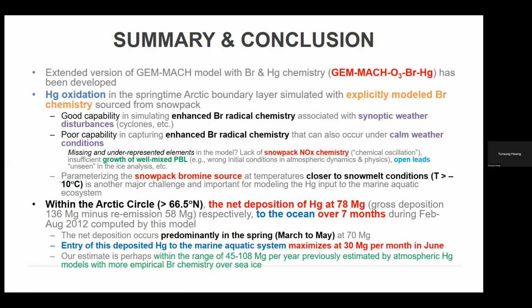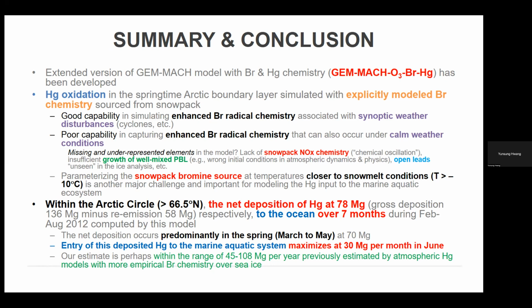And also we have some evidence that the growth of the well-mixed planetary boundary layer is not always captured well under fair weather conditions. That's a kind of weather forecast side of the problem. And we have some doubts that sometimes open lead presence is not really captured in the ice analysis as well. That may also cause a problem in the model meteorology, especially in the boundary layer mixing.